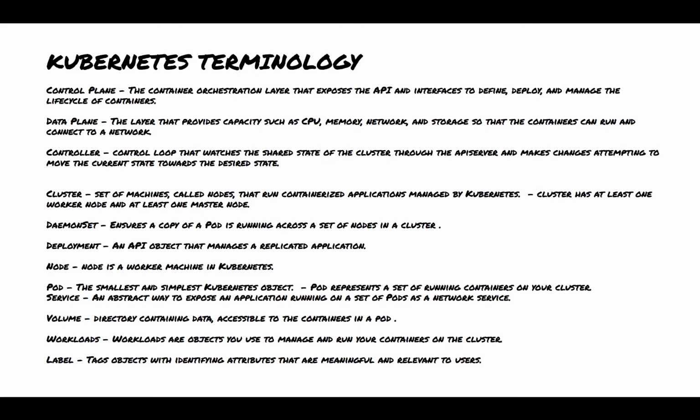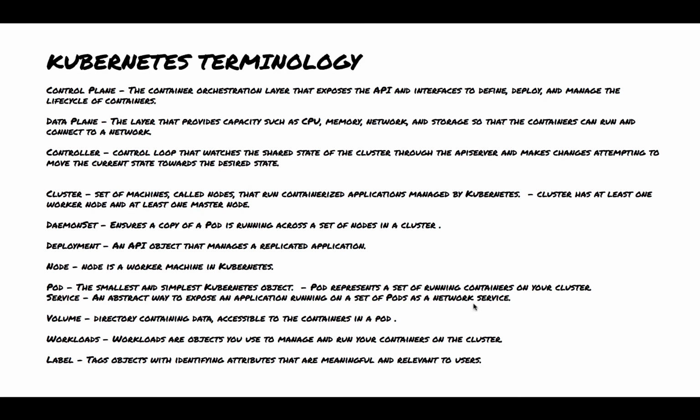The node is a slave of Kubernetes. In Kubernetes, as I said, there could be one or more masters, and all the slaves are attached to the master. Each of these slaves is called a node or a worker. Then comes the pod. As we were seeing in the previous diagram, the pod is the smallest and simplest Kubernetes object.